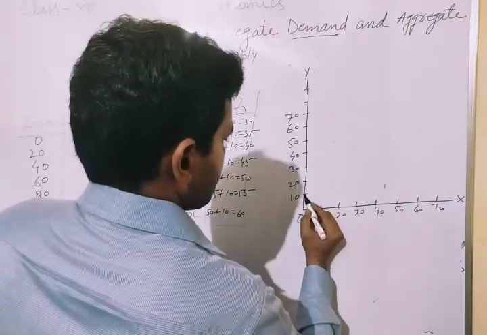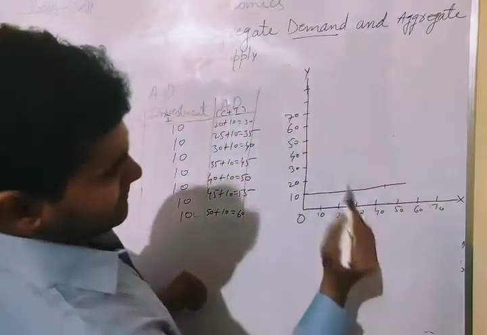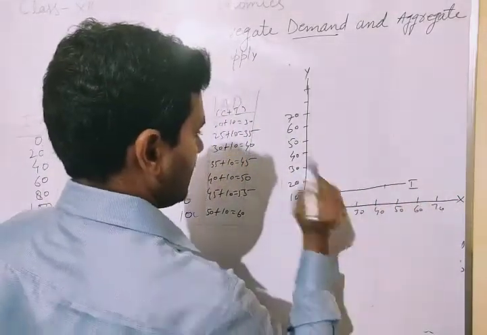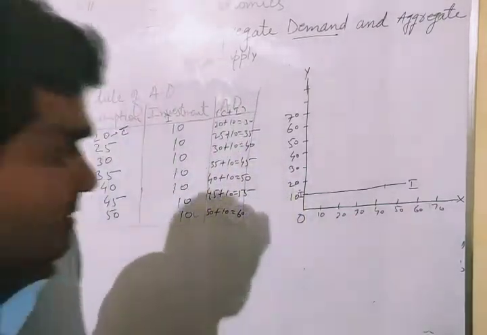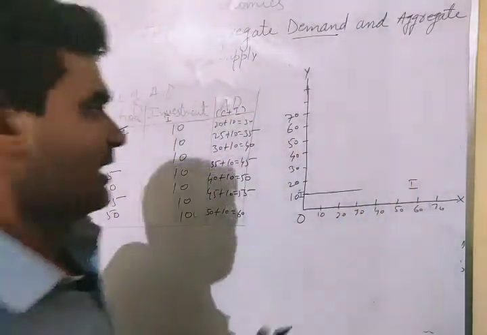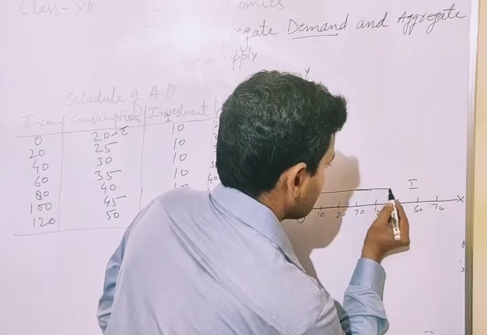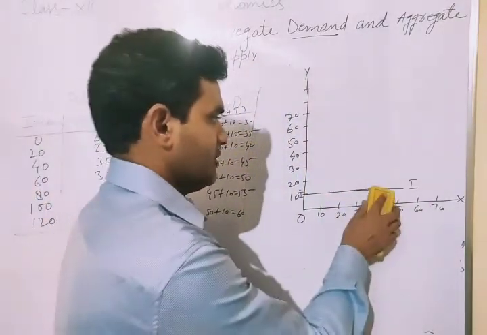So what will be the investment curve? It becomes like this. This is I bar. So the investment curve is a horizontal straight line which is parallel to OX axis. This is how we made this curve.